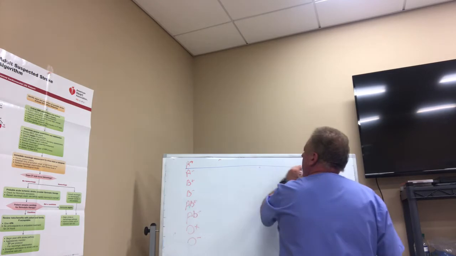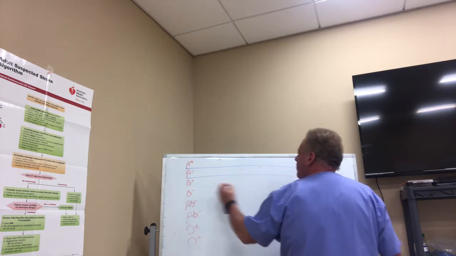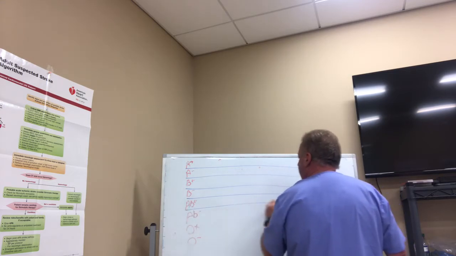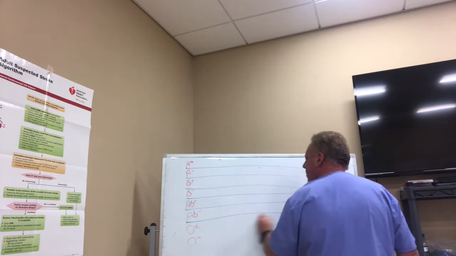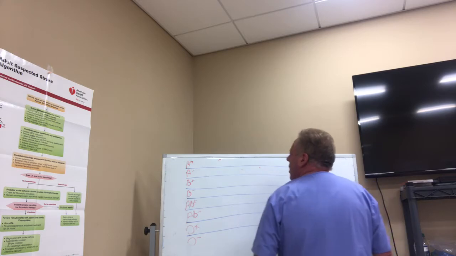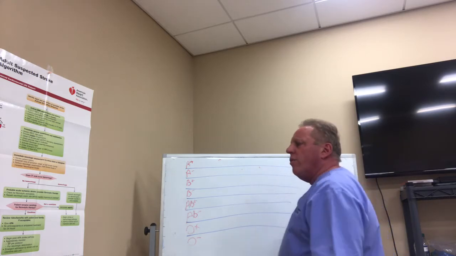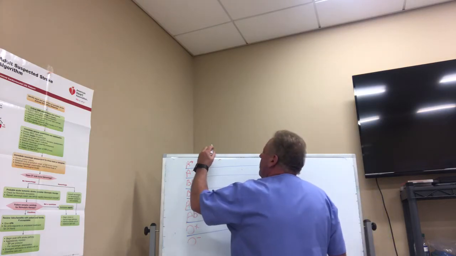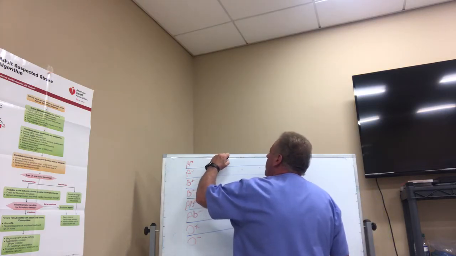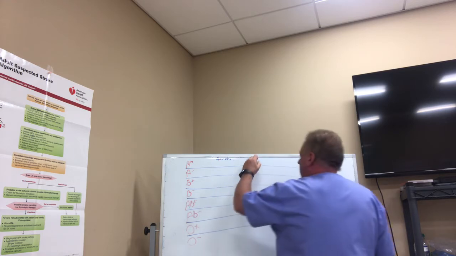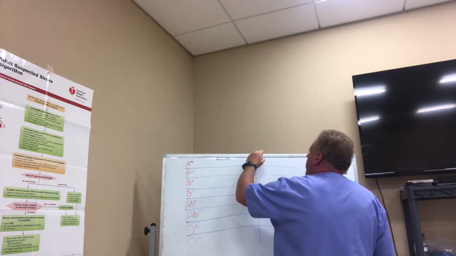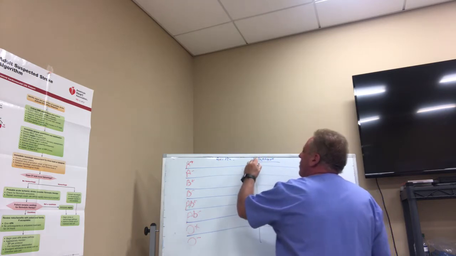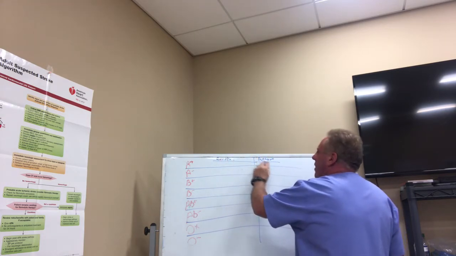So we're going to draw a line across this thing. And we're going to be talking about the donor and the receiver. So when we donate blood, or we're going to receive it. So the donor and the receiver.